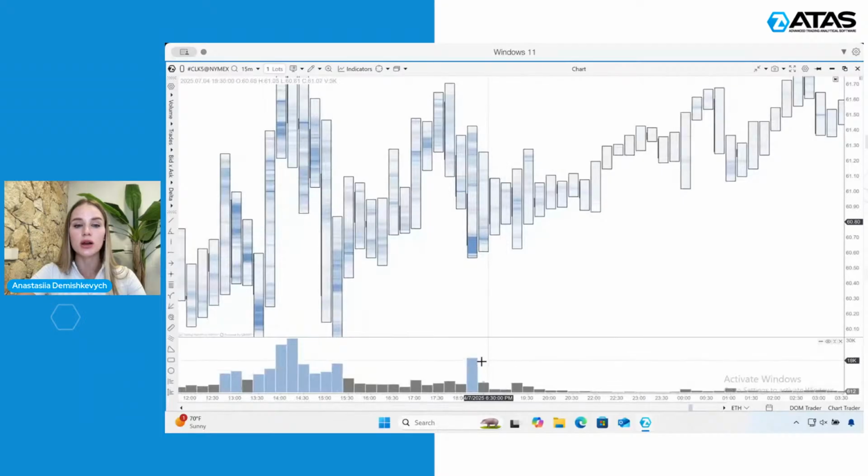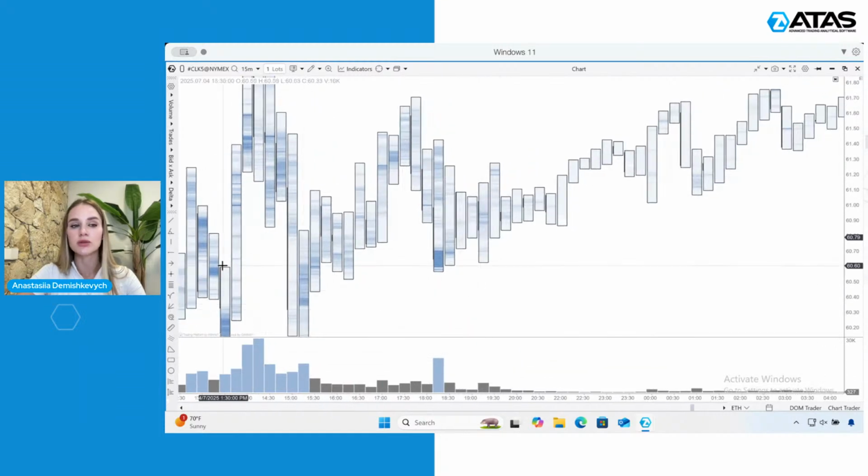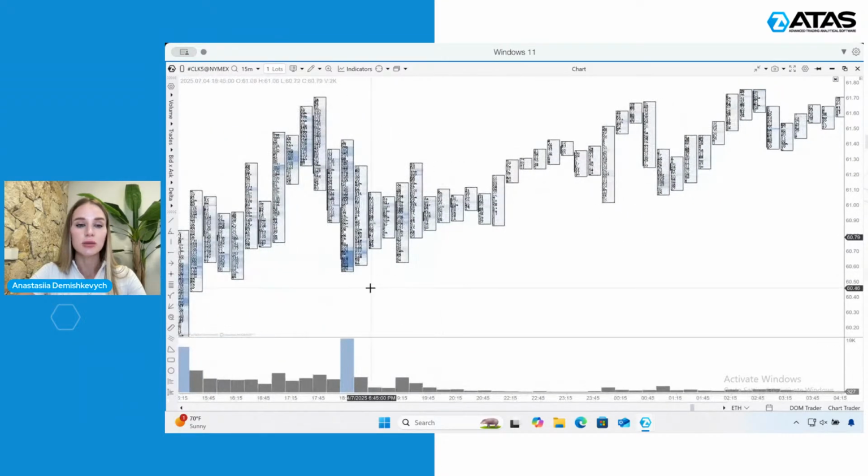Like, for example, this one, as we can see, the unusual market activity. I do have the filter on the volume placed here as well. And that's just one of the small parts of what we are using. But we see the spike on the volume unusually standing out of the rest. And then we see on the volume footprint chart that the majority of the volume was concentrated at the bottom.